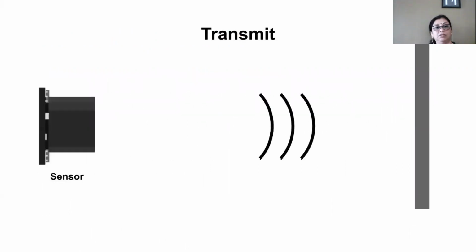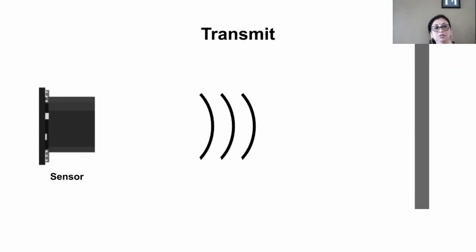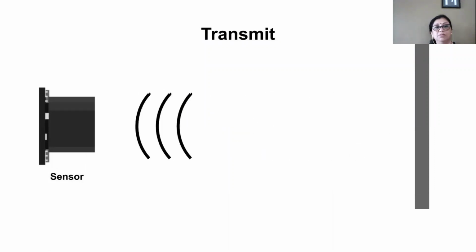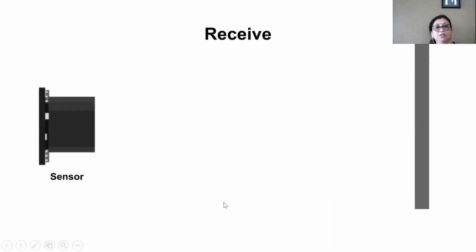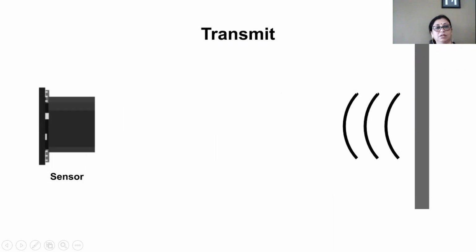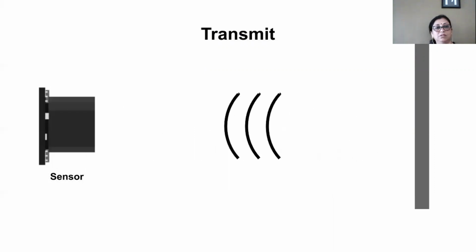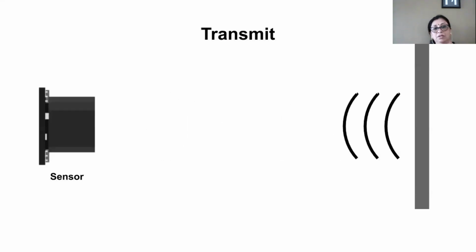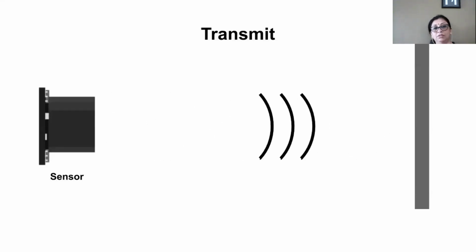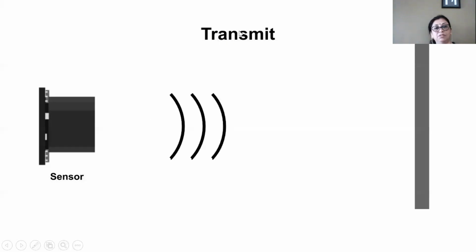And we have seen that this is the way in which the sensor works. It transmits the ultrasound waves, and they strike the object and return back to the sensor. The sensor senses the presence of the bounced back waves and calculates the time required for traversal of this wave.